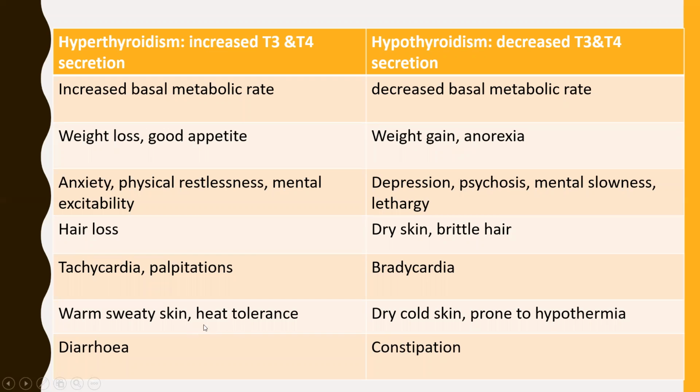Warm sweaty skin, heat intolerance, versus dry cool skin prone to hypothermia. Hyperthyroidism causes diarrhea when T3 and T4 secretion is increased, and constipation in hypothyroidism. These are the differences between hyperthyroidism and hypothyroidism.